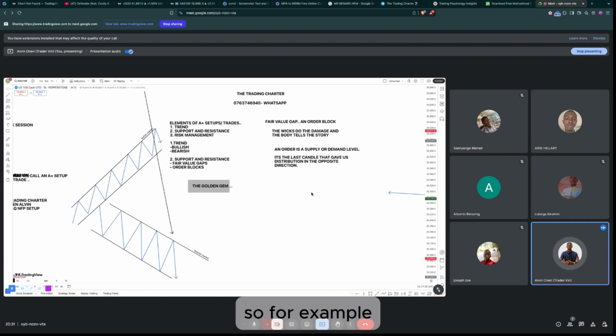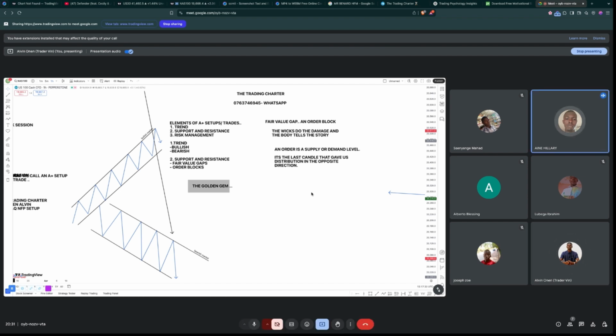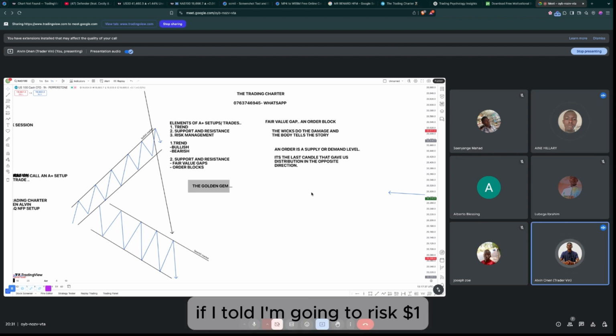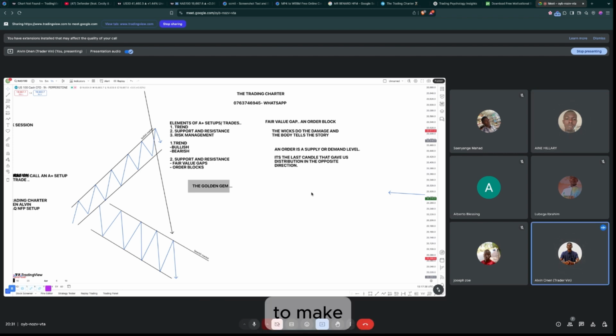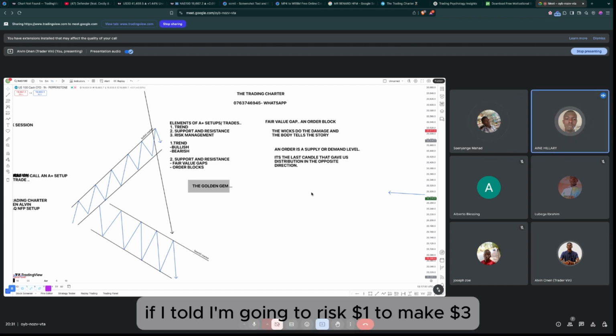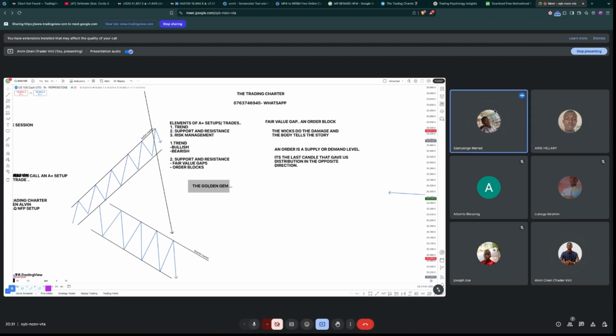So for example, if I'm going to risk $1 to make $3, does that make sense?